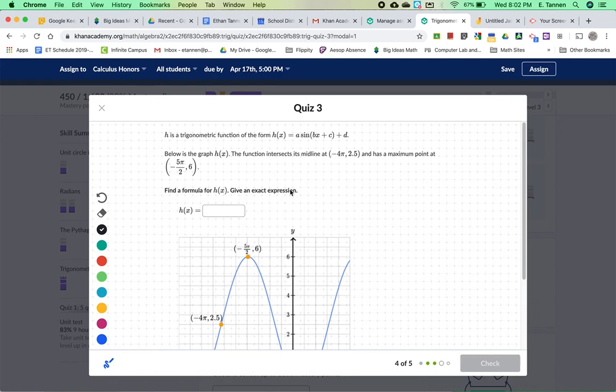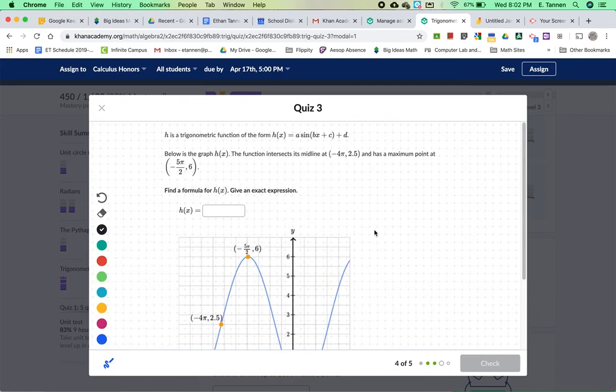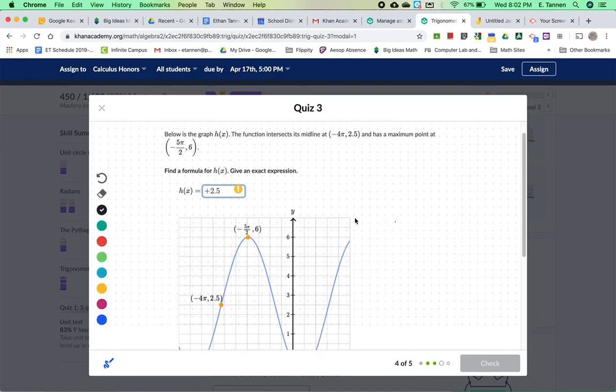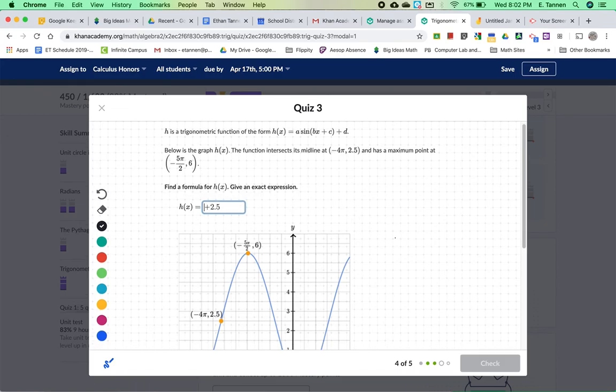So a trigonometric function of the form h of x equals a times sine of b of x plus c plus d. Wow. The function intersects its midline at 2.5, so we know d is 2.5, that d at the end. Maximum's at 6, so we know the amplitude is 2.5 to 6, which is 3.5.